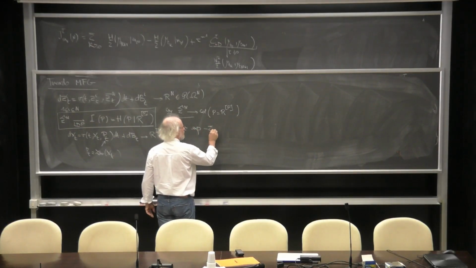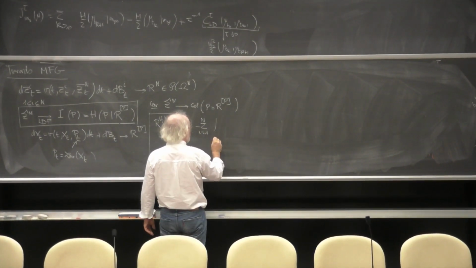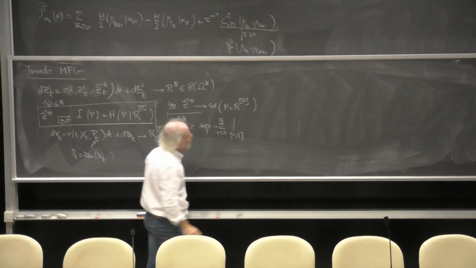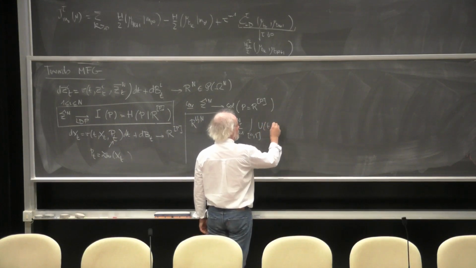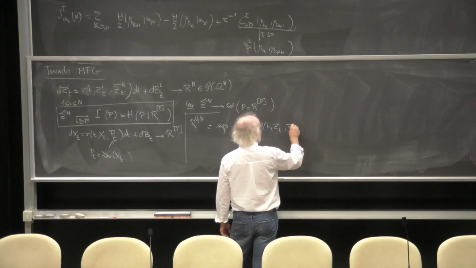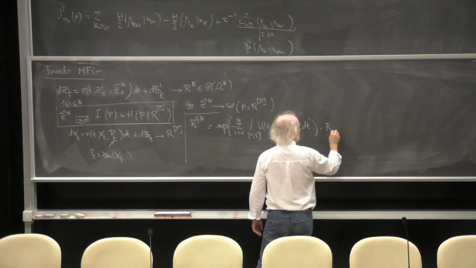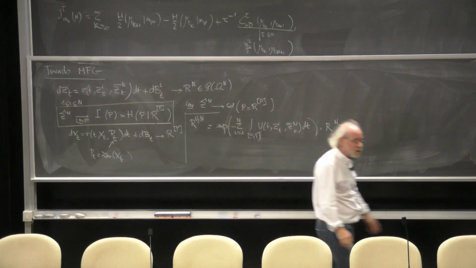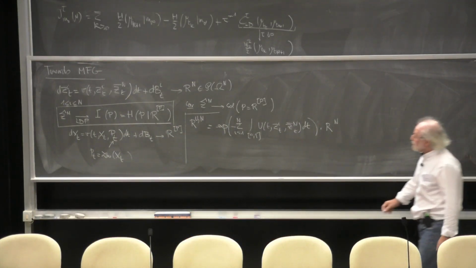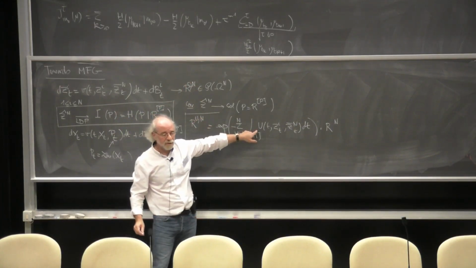So the exponential of minus the sum of i equals 1 to N, integral, well, we will restrict to the time interval 0, 1 here, of u_t, X_t^i, empirical measure at time t, dt, times R^N. Okay, suppose that u is normalized such that this is a probability measure. Then we can call R^N as R^{0,N} because it corresponds to u equals 0.